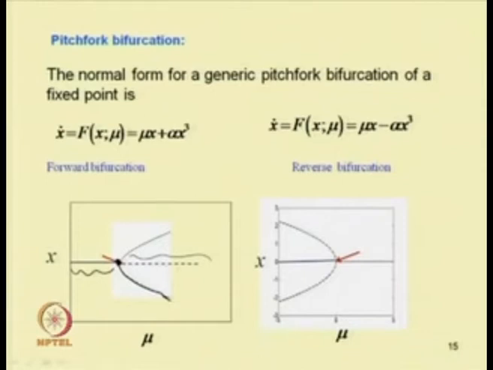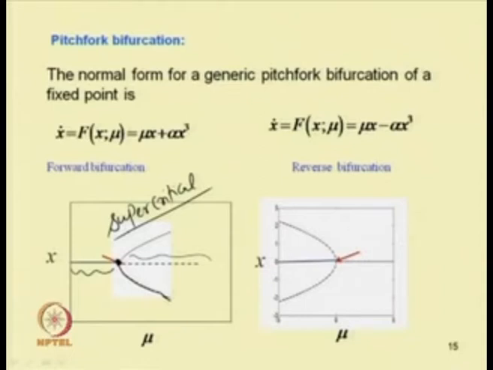This forward bifurcation is known as supercritical pitchfork bifurcation. This bifurcation point is supercritical, because from the stable trivial solution we are getting a stable non-trivial solution.